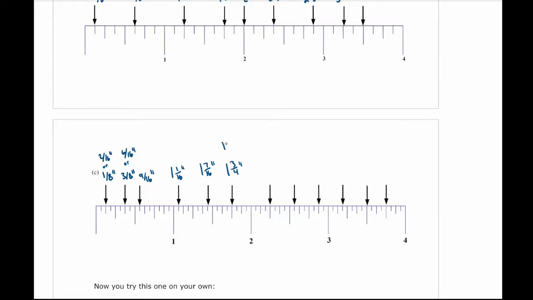And represent it as 1 and 12/16 of an inch. So again, just recognizing that the smallest ones represent a 1/16, add them all up, and then realize, oh, I can reduce that further. At 2, and we have 2 1/4 of an inch.